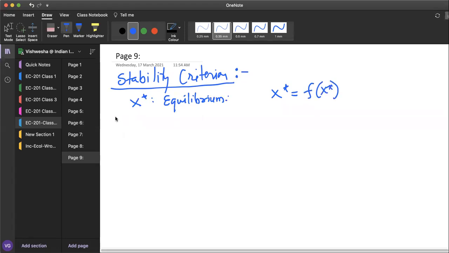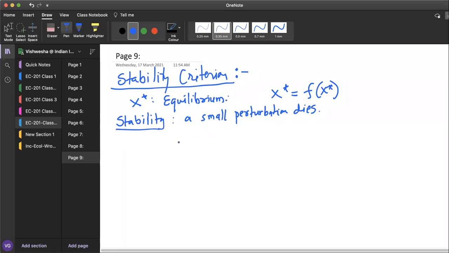So what is stability? Stability is when a small perturbation dies. If this happens, we say X star is stable.